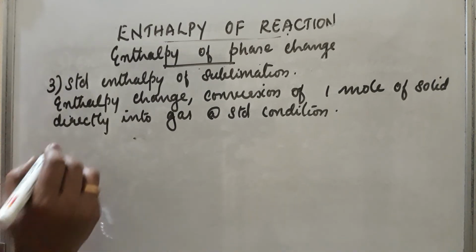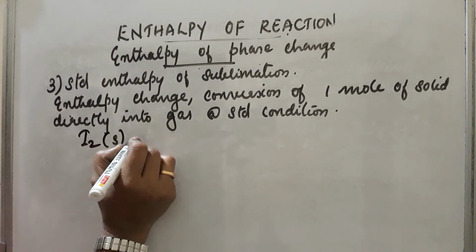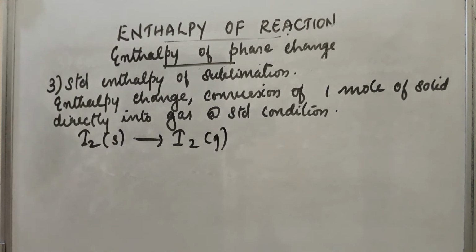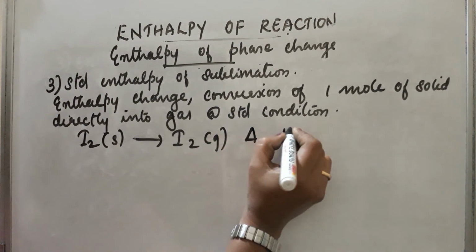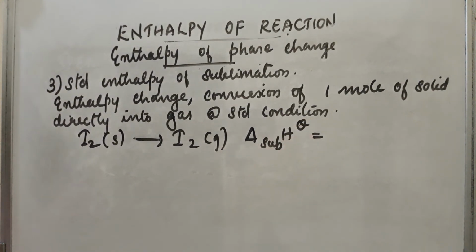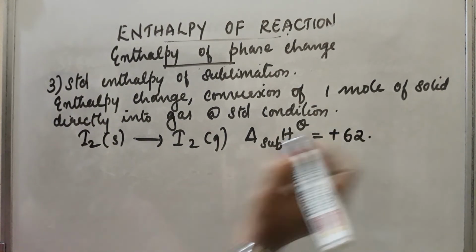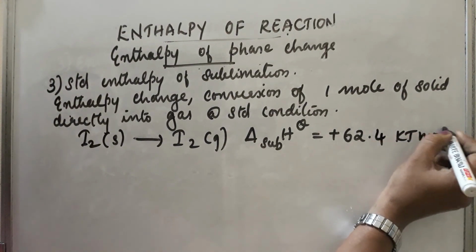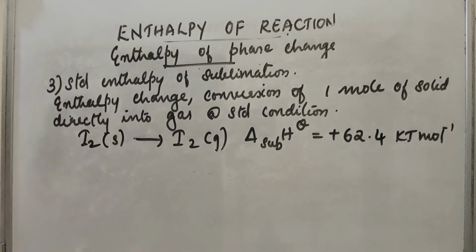For example, I2 solid gets converted into gaseous iodine. Here sublimation is taking place. Delta H of sublimation at standard condition is equal to plus 62.4 kilojoule per mole. This much heat is absorbed during the reaction.